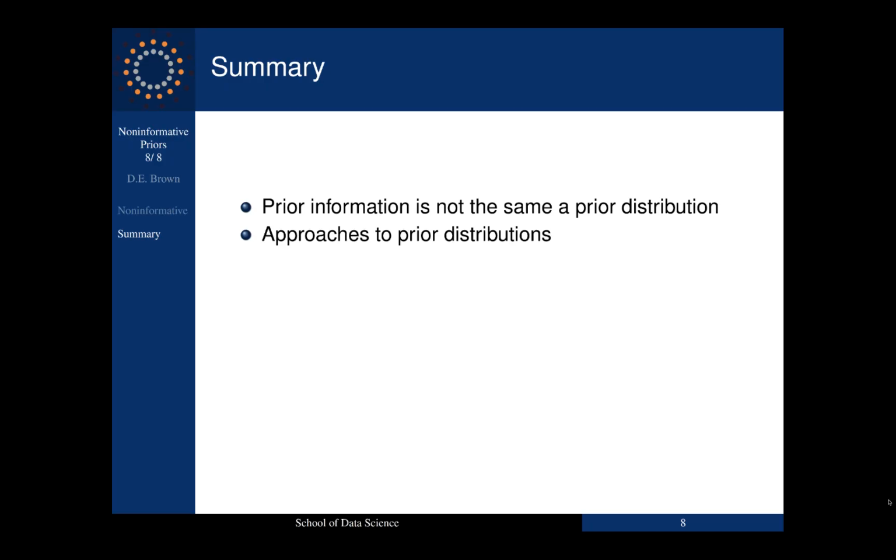The approaches to building a prior distribution for Bayesian analysis: the first, and the most commonly used and highly recommended, is to use base rates. If you have base rate information, for example, you know the rate of infection within an area, use it. But you may have to modify it based upon what you know about the particular population you're going to apply it to.